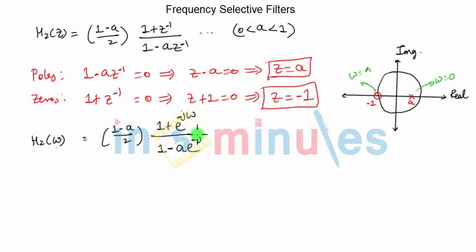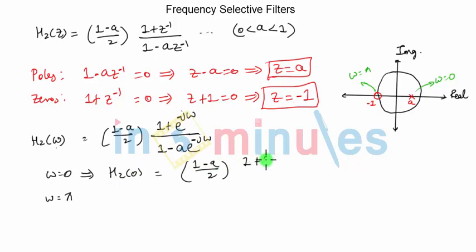So this verifies that the filter that we have taken is a low pass filter, because at omega equal to pi, which is the maximum frequency, the magnitude is 0, and at omega equal to 0 it is equal to 1. If I draw the magnitude spectrum, this is how it will look. It will start from 1, no doubt, but this time we will go down to 0 completely.